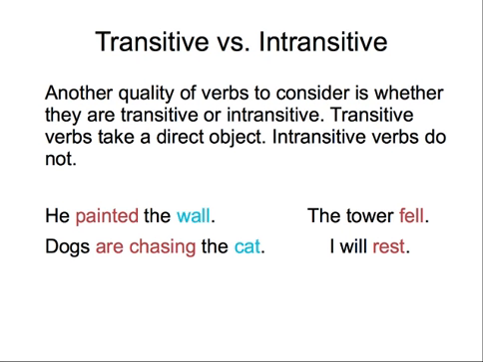Wall and cat are direct objects there. We also have intransitive verbs in which the subject is not doing anything to anything other than itself. The tower fell, or I will rest. Those are intransitive verbs. They never have a direct object.